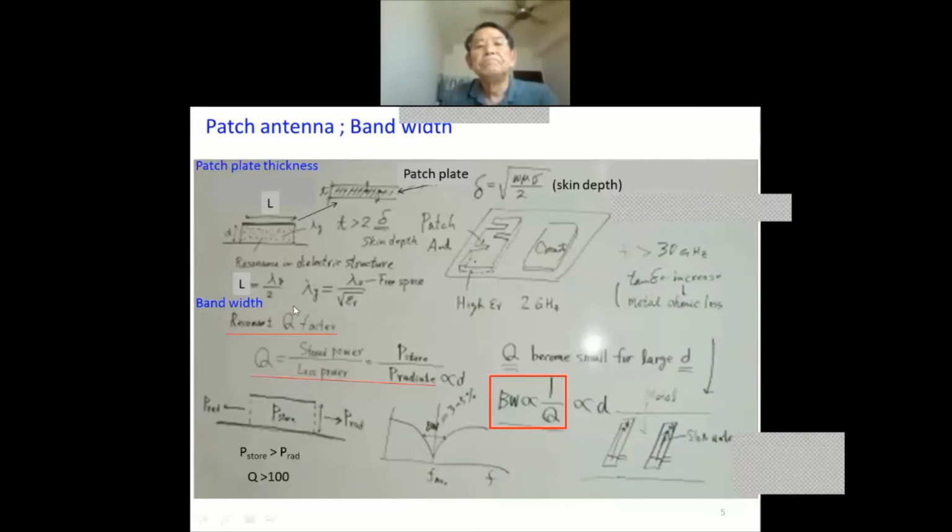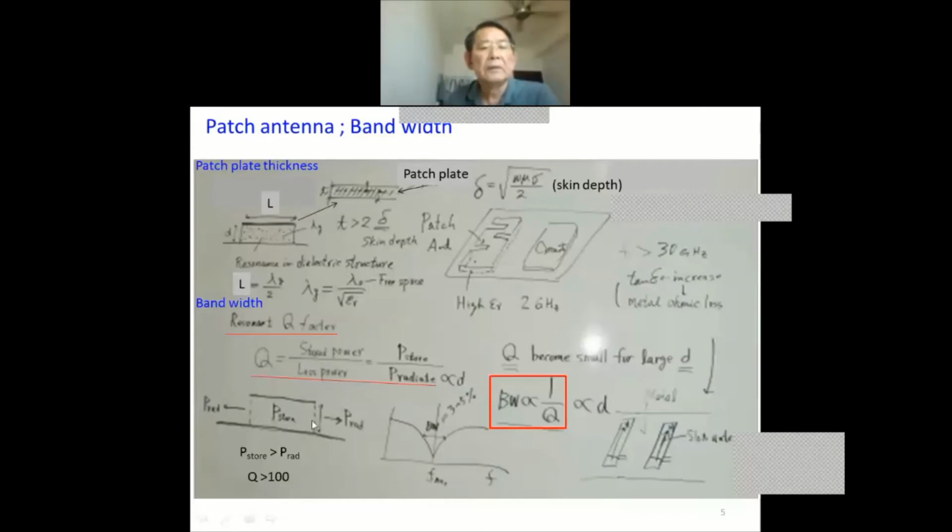And next is bandwidth. So bandwidth is determined by the Q factor. Q factor is this definition, stored power divided by lost power. Lost power in this case is ohmic loss and the radiation.